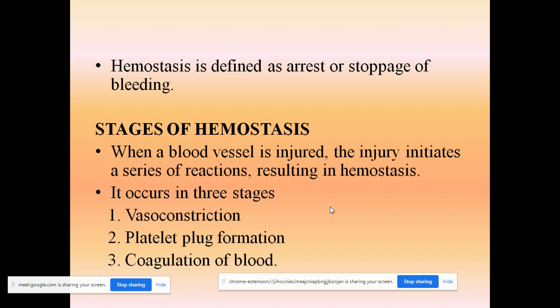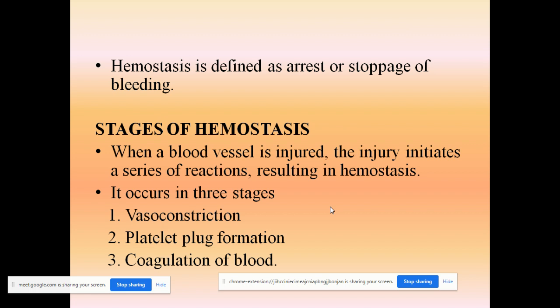Just like when the food goes into the alimentary canal, different regions of the alimentary canal undergo mechanical movement. What kind of mechanical movement? They also undergo constriction, dilation, peristalsis. So these kinds of movements are possible so that the food is propelled from one place to another. Just like that, the blood vessel propels or transports the blood, and the circulation of the blood is enabled by the blood vessel.